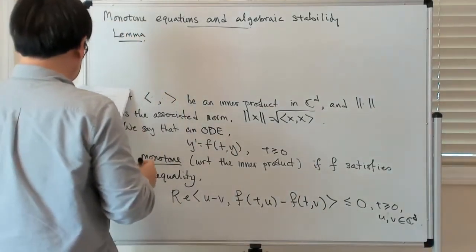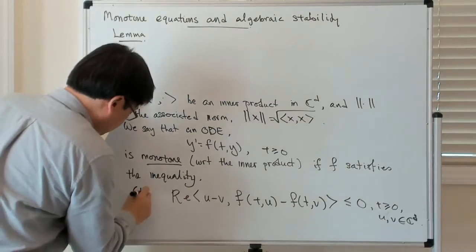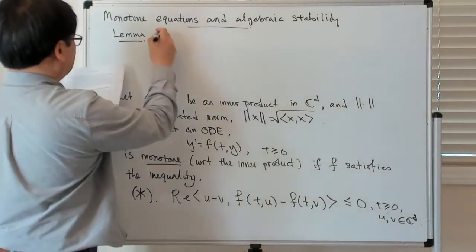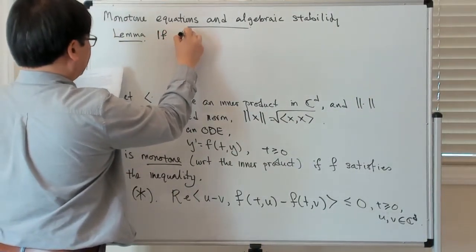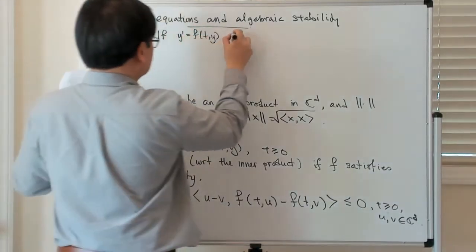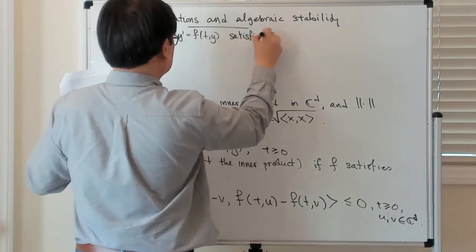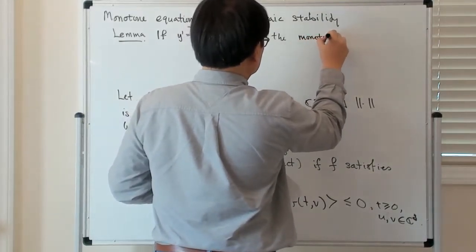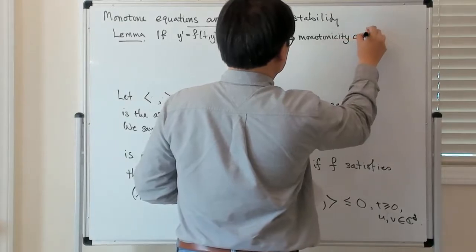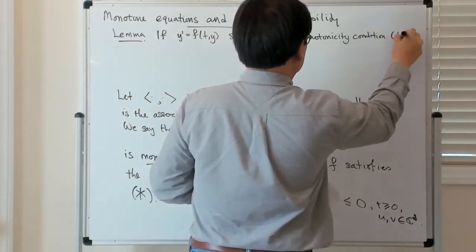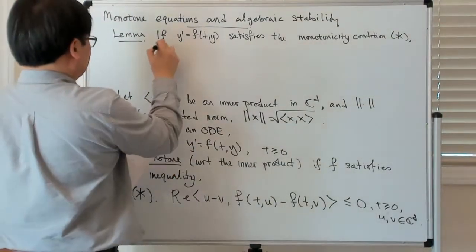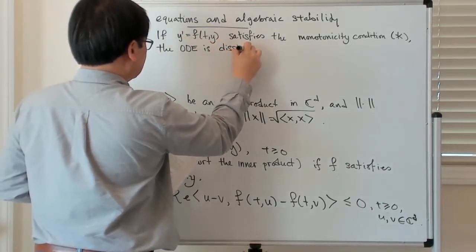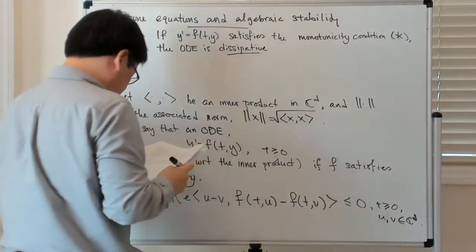So if y prime is f of t, y satisfies the monotonicity condition, star, the ODE is dissipative in the following sense.